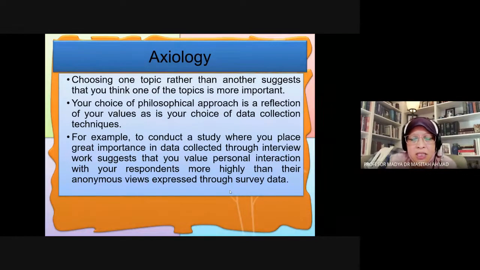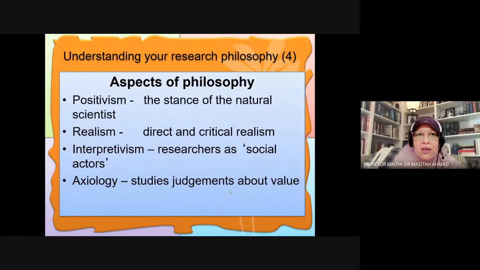That's why they mention the anonymous views expressed through survey data. Normally those who don't like their names to appear are suited to using survey data. They can express themselves through that because they know nobody will know who they are. And this is also an aspect in this philosophy.